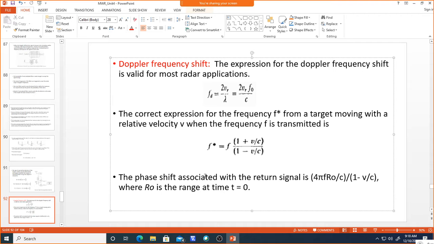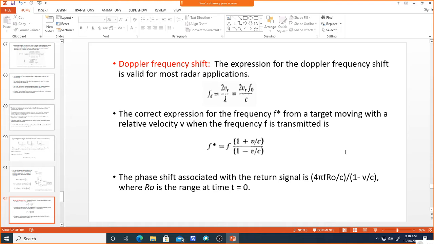Now the phase shift associated with the return echo signal is given by this expression, 4 pi f r naught by c into 1 minus v by c, where r naught is the range at time t equal to 0. Whenever time changes, the range is determined and it changes, because if the target is moving, obviously the Doppler changes based on that.